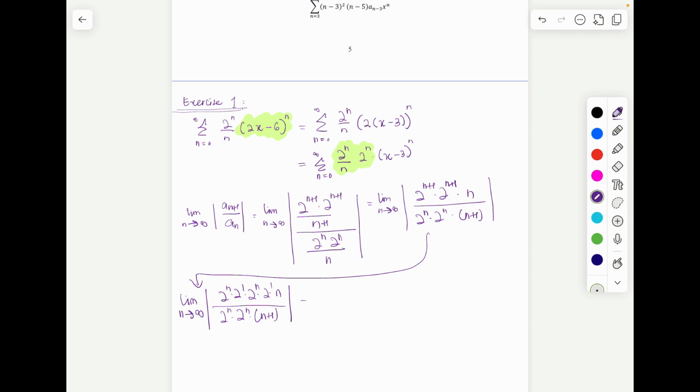Absolute. Okay, and then you can cancel out 2 to the power of n with this one, and this one with this one. So what's left is 2 to the power of 1 and 2 to the power of 1, so you get 4. So 4 times n divided by n plus 1. Then you can solve for the limit.